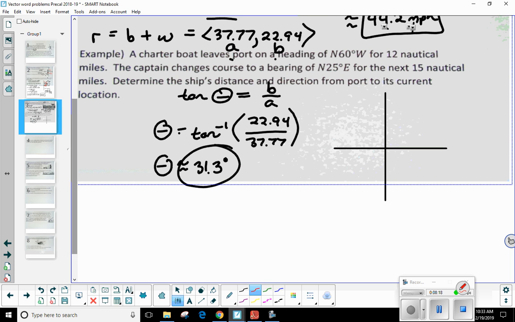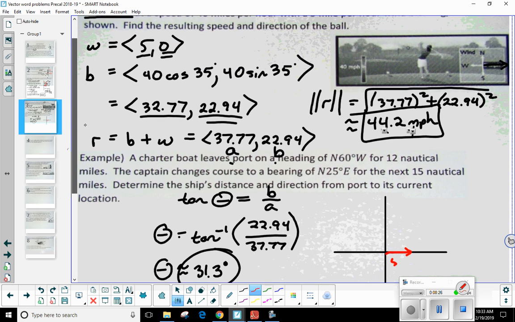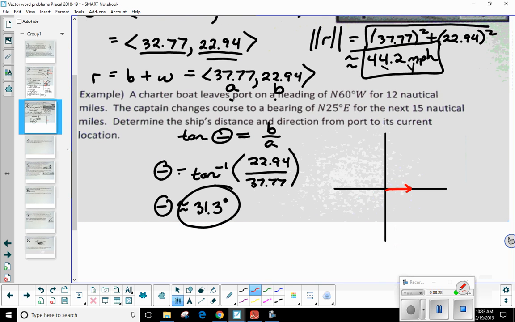So we've got the wind going at, what was the wind, 20 miles an hour? Or no, the wind here was 5, I'm sorry. So I was right, the wind is 5 miles an hour. Then we've got the ball that's hit 40 miles per hour, but with a 35-degree angle of elevation from the horizontal, right?